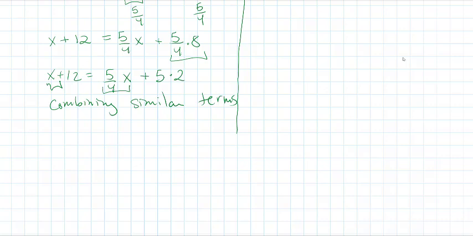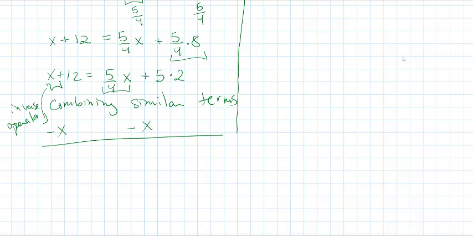Let's try to transfer our x variable terms to the right. We can do that by subtracting x from both sides. So we're using the inverse operation to plus x by subtracting 1x from both sides.